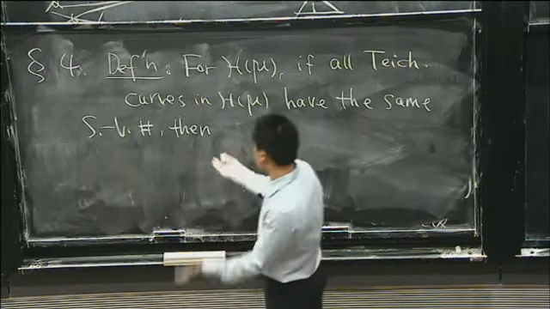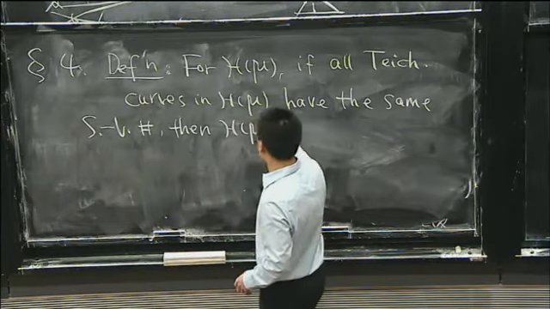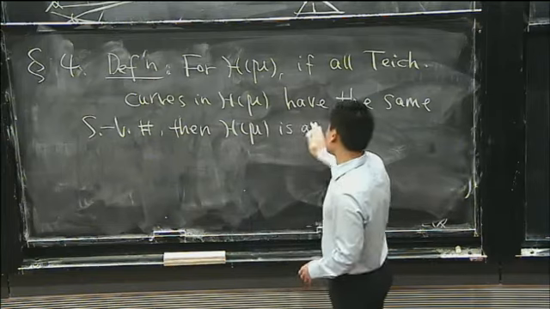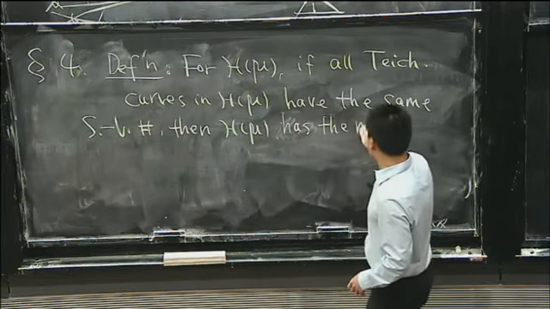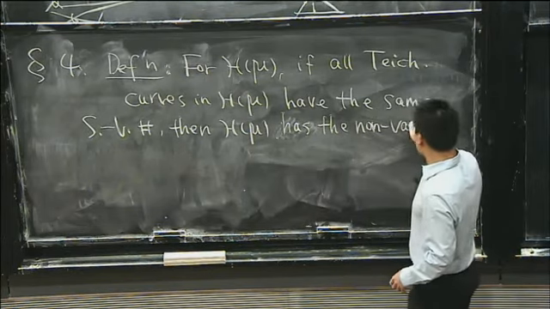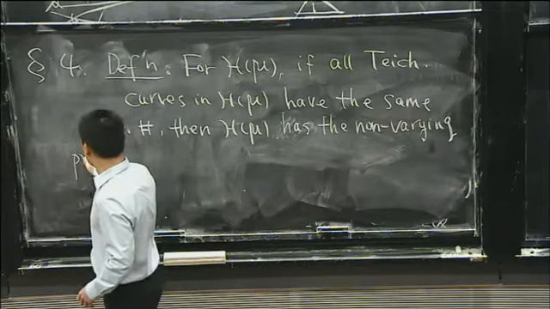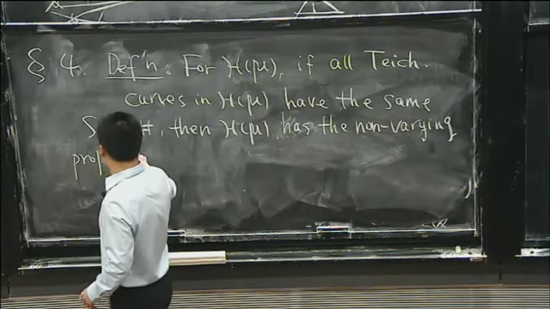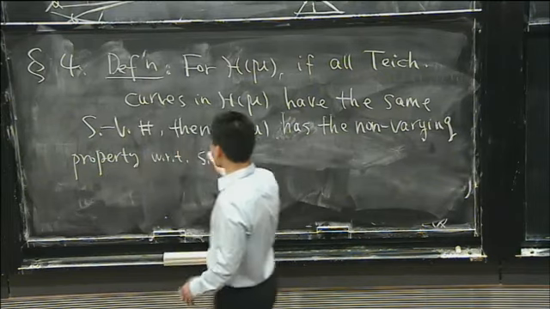In short, I'll just call it a non-varying stratum. It has this non-varying property with respect to the Siegel-Veech number of Teichmüller curves in this stratum.